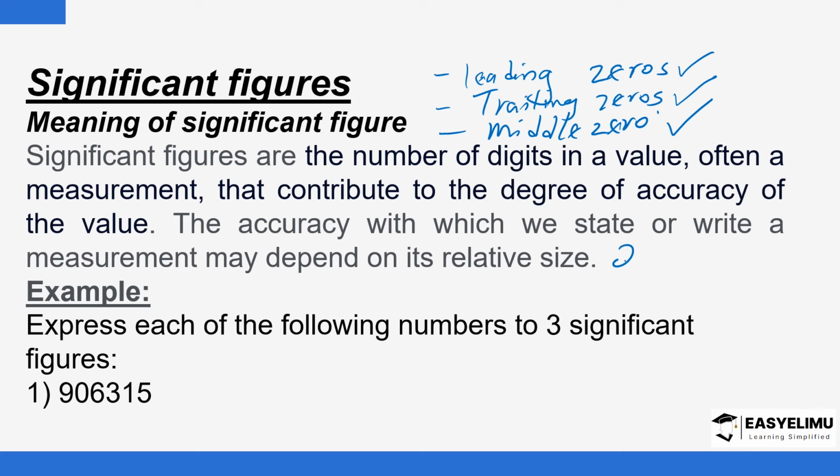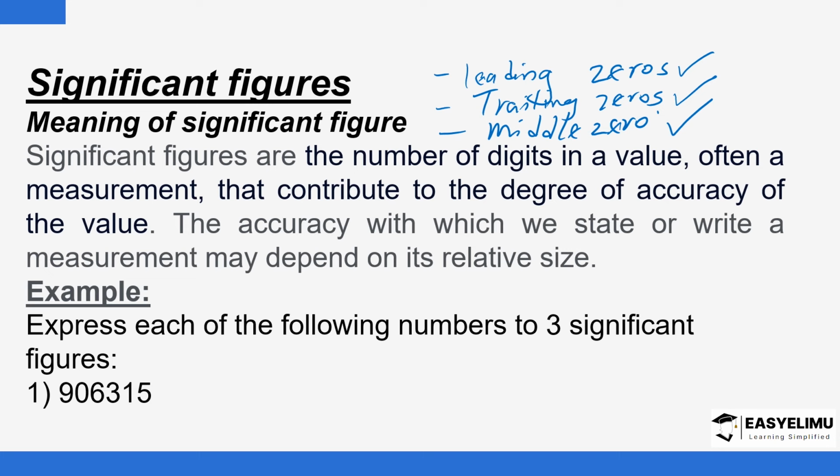For example, you have 204. You see these 4 and 2, they are significant, all non-zero digits. So the question is whether 0 is significant or not. That will depend on whether it is the leading zeros, trailing zeros, or middle zeros.